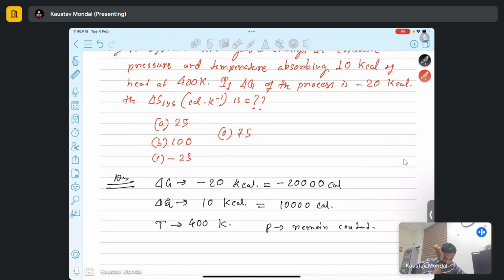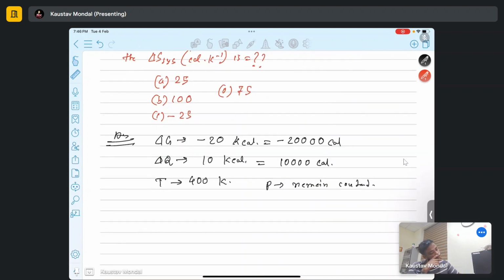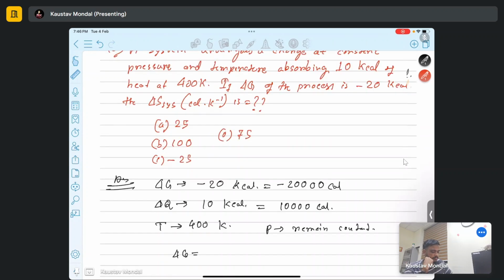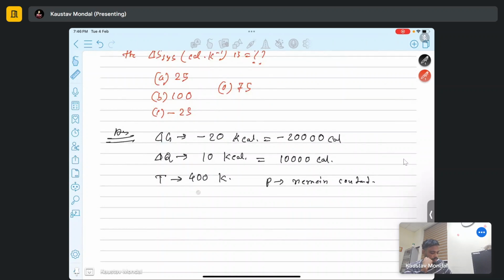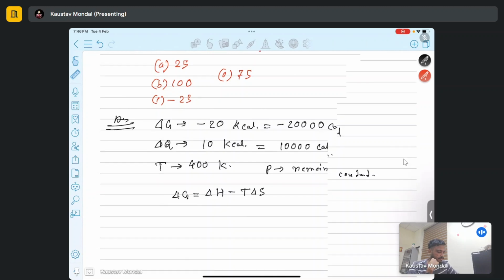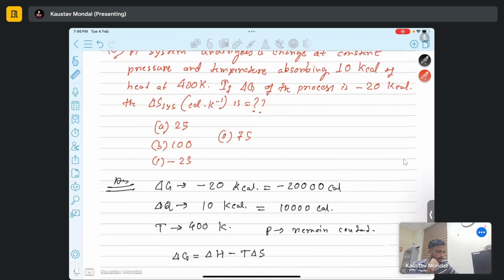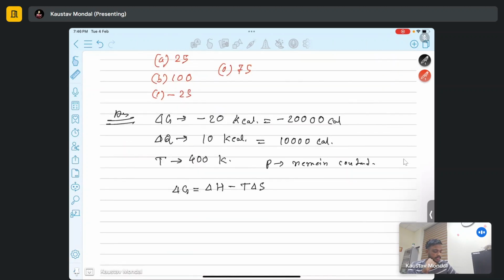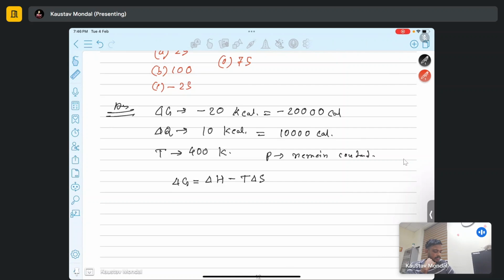Now you have to calculate delta S from here. We know that, previously also we have proved this, delta G equal to delta H minus T delta S. So for our case, delta G we already know, right? First let's discuss delta H. Delta H is the change in enthalpy.